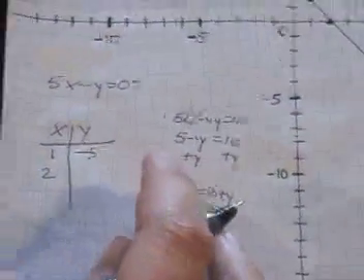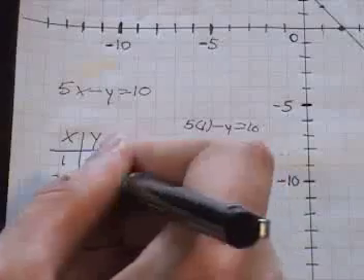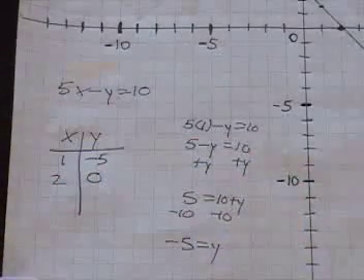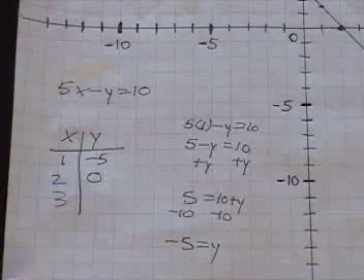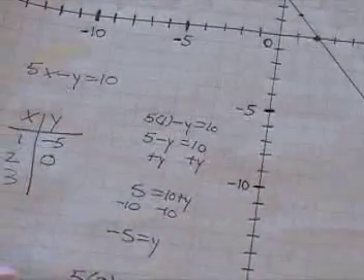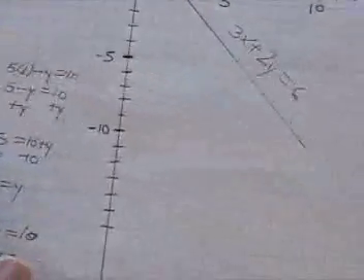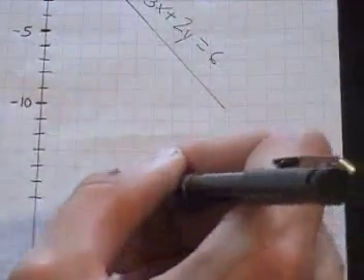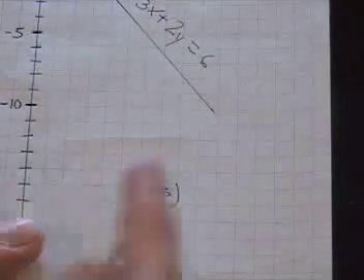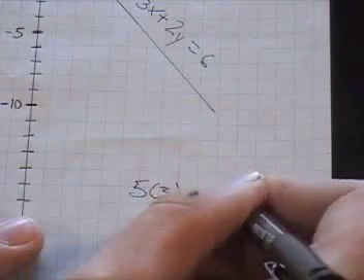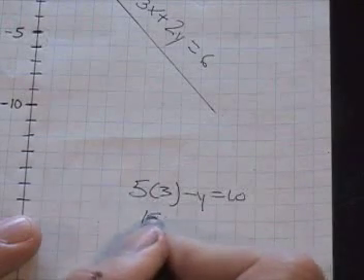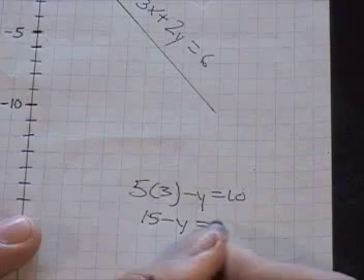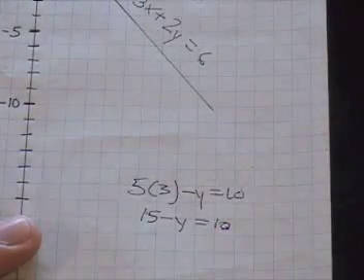So write it up here, and let's go ahead and do our last one. Our last one will be 3. So I'm going to write it over here. So 5x minus y equals 10. Remember that. 5 times 3, plugging in 3 for x, minus y equals 10. 3 times 5 becomes 15, minus y equals 10.